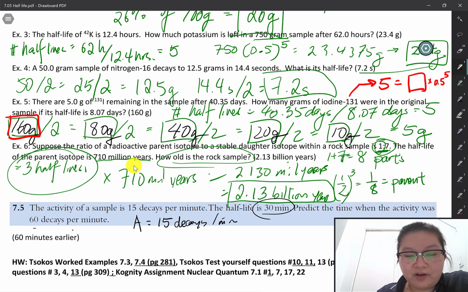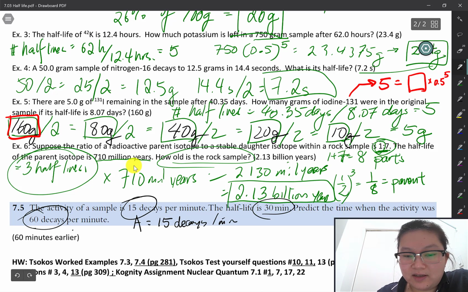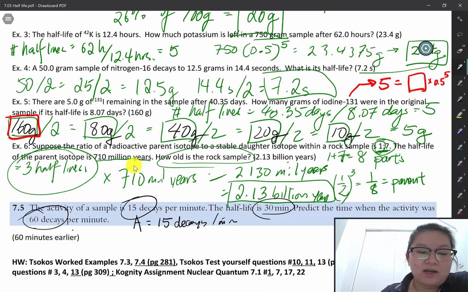So we have to figure out how many half-lives have occurred from 15 decays per minute to 60 decays per minute to predict the time when this activity was 60 decays per minute. So a half-life in terms of activity means that every half-life, the activity will halve itself.